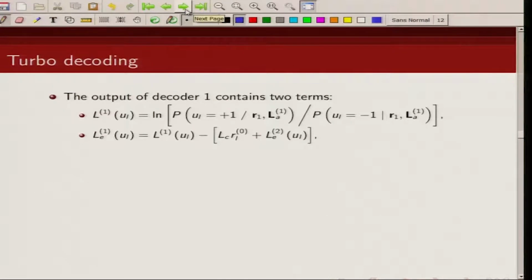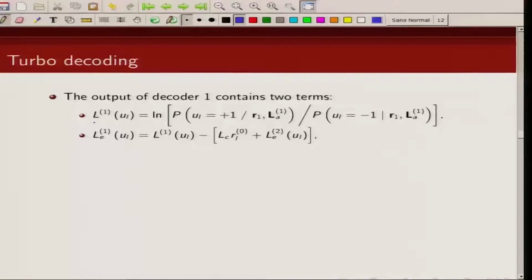So, as I said, there are 3 inputs to this decoder: the channel received value corresponding to the information sequence, the parity bit, and the a priori value. And there are 2 outputs. One is this APP L value that we have computed, and the second is the extrinsic value. And how are we computing the extrinsic value?